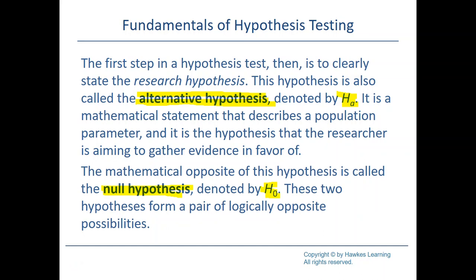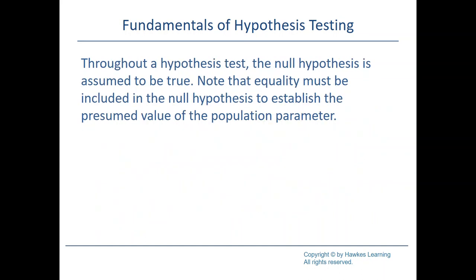Now, understand that the alternative and the null are two hypotheses that form a pair of logically opposite possibilities. Now, throughout the hypothesis test, the null hypothesis is assumed to be true.